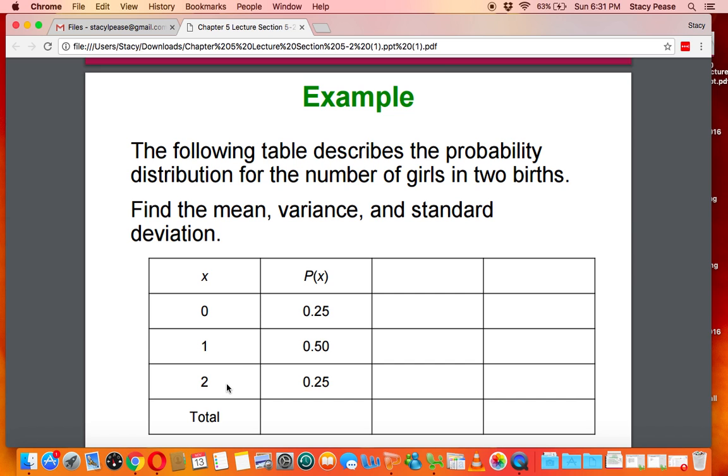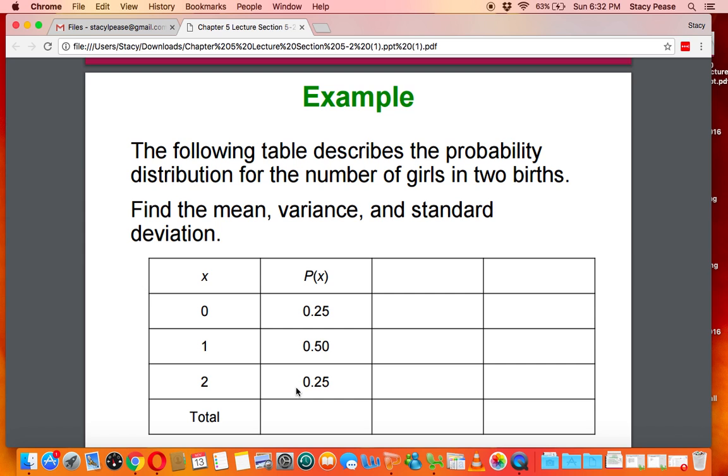And for each of those X's, a corresponding probability is given. So to get 0 girls would be 0.25 or 25% of the time. Getting 1 girl in 2 births would be 50% of the time, or 0.5, and getting 2 girls is also 0.25 or 25% of the time.